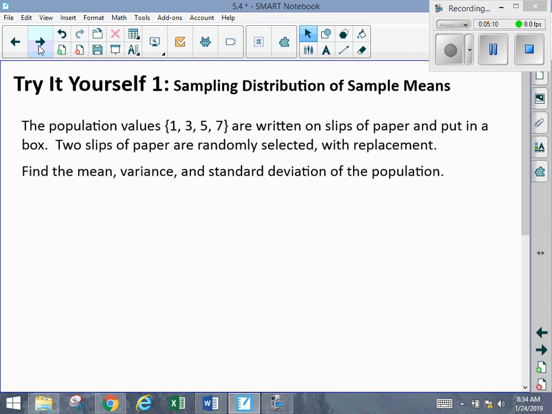Mean, variance, and standard deviation. Population. Huh? Interesting.